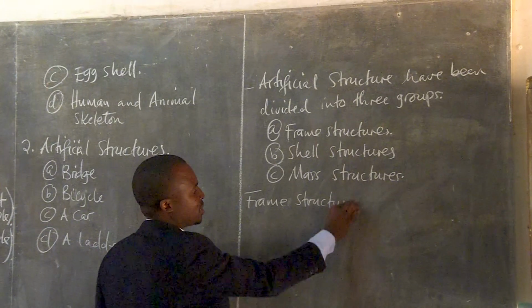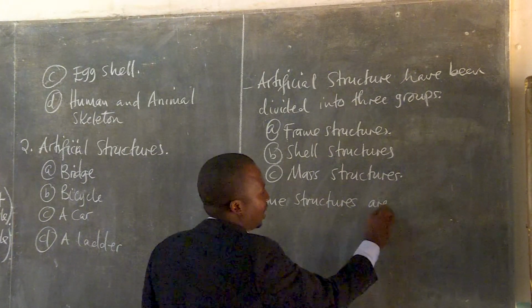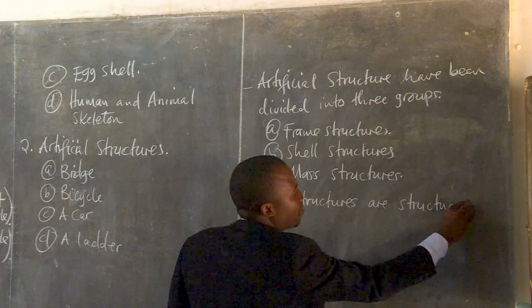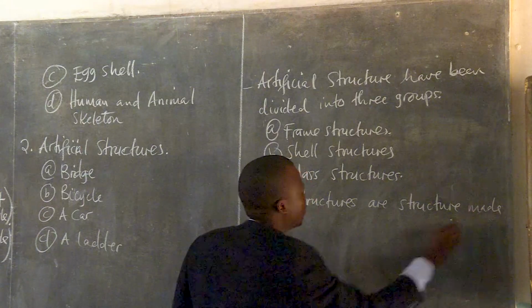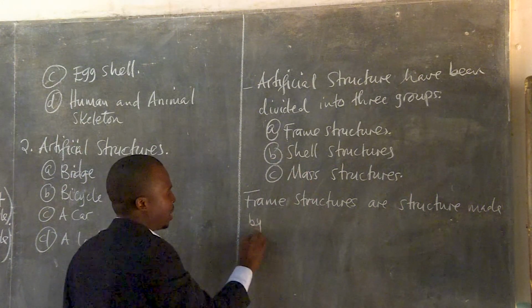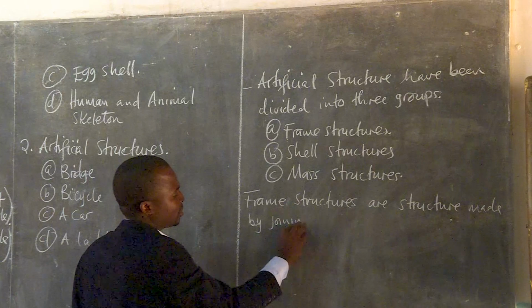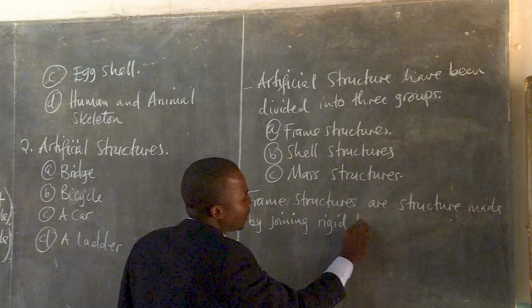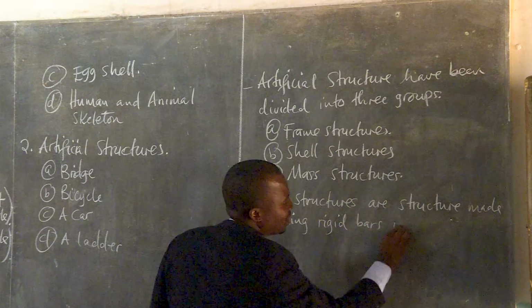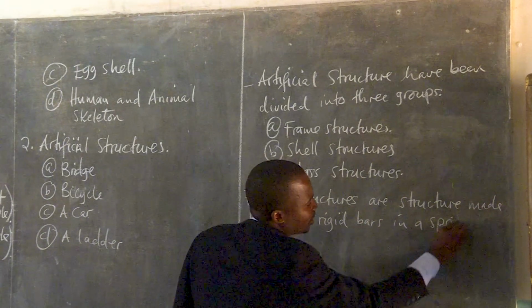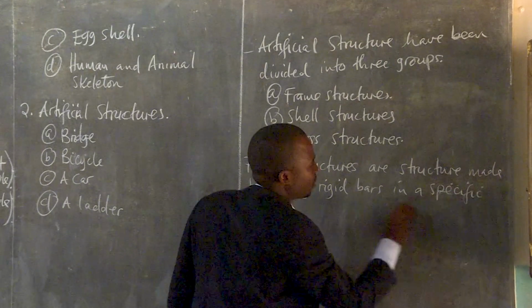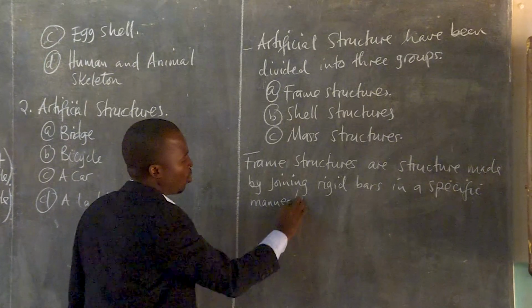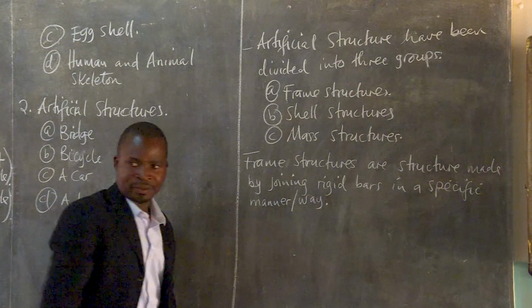Frame structures are structures made by joining rigid bars in a specific manner or way.